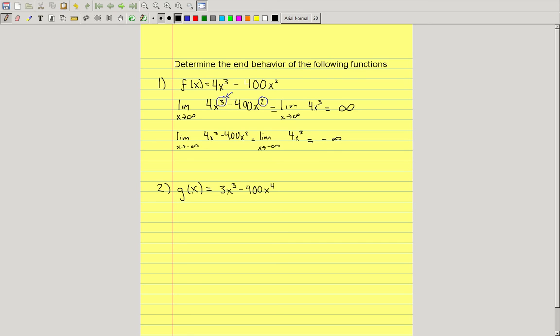All right, let's look at number 2. Again, we want to check the limits as x approaches negative infinity and positive infinity. We'll do positive infinity first. We copy down our function, the limit as x approaches infinity of 3x cubed minus 400x to the fourth, and look once again at the exponents of the function.